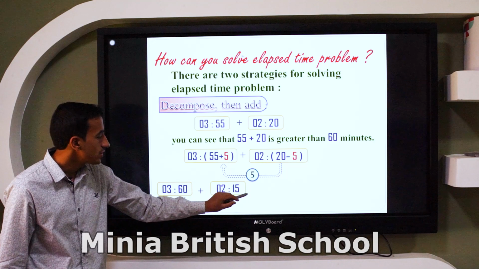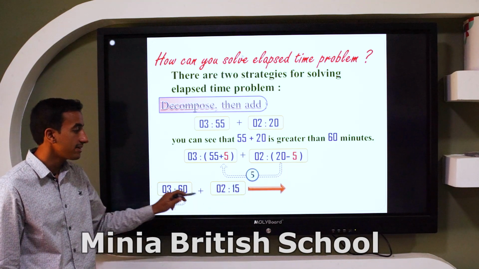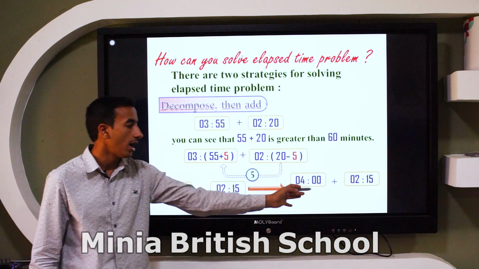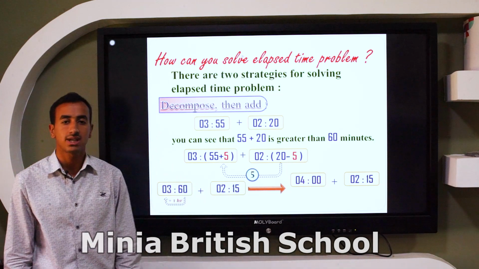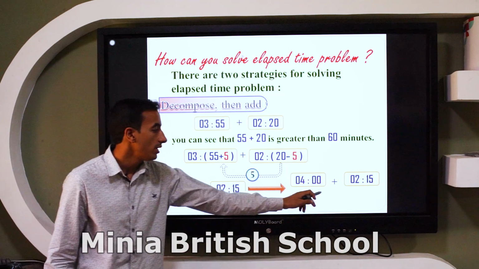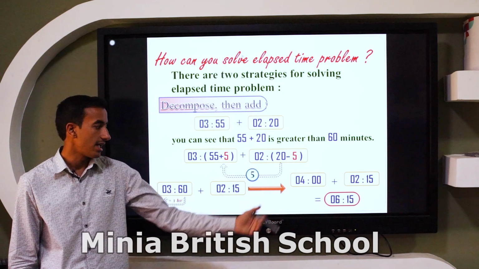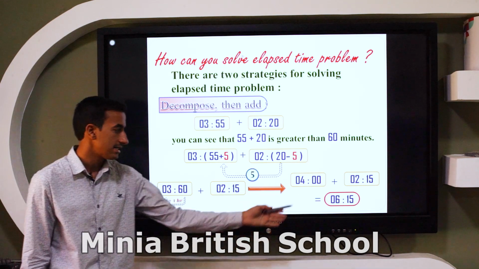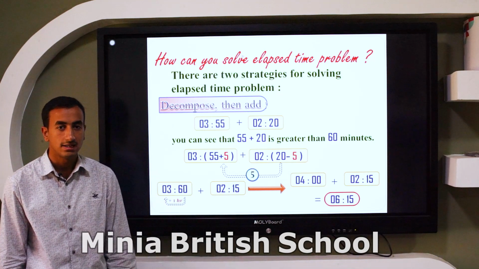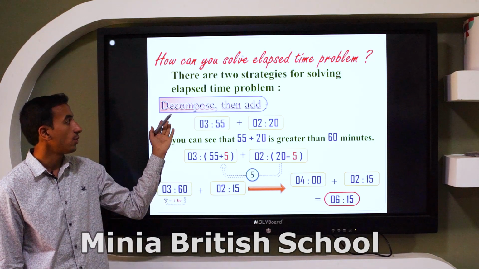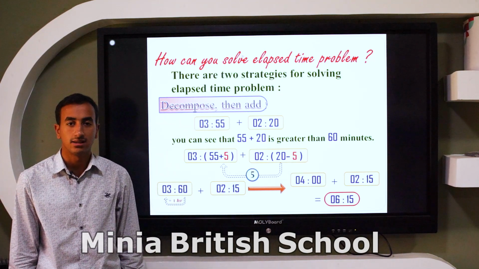So I can replace the first time with 4 hours plus 2 hours and 15 minutes. So the answer is equal to 6 hours and 15 minutes. That's the end time. This is the first strategy, called decompose then add.